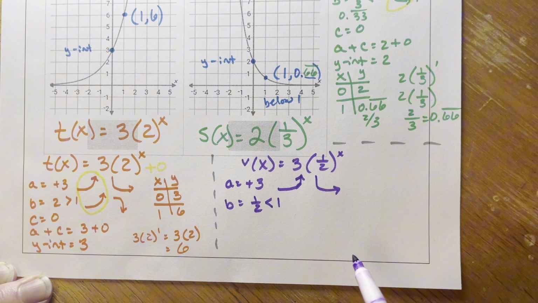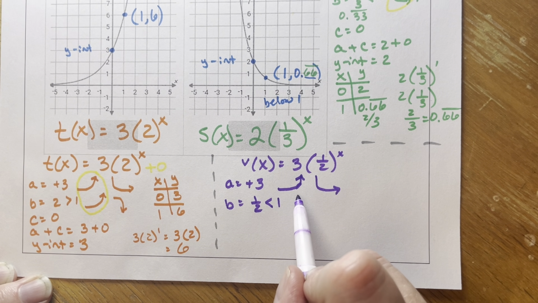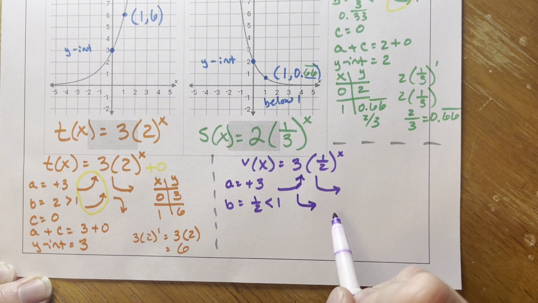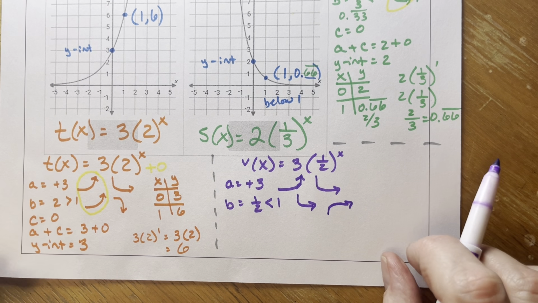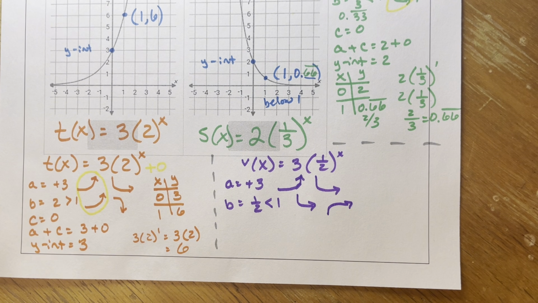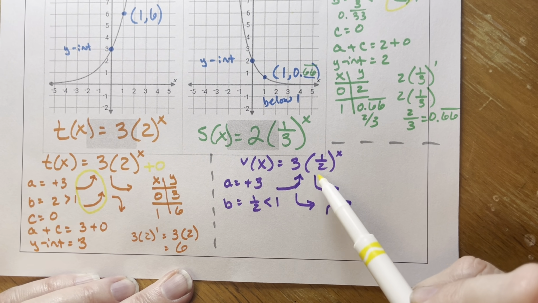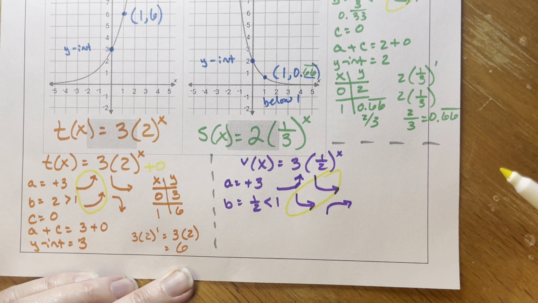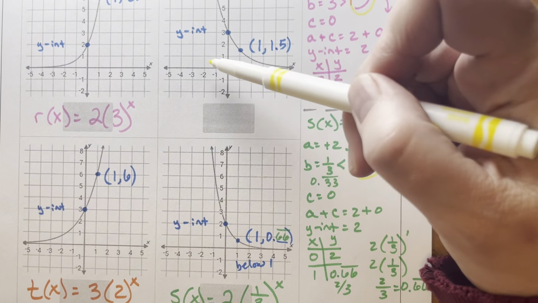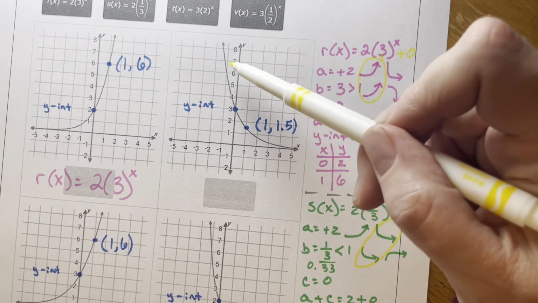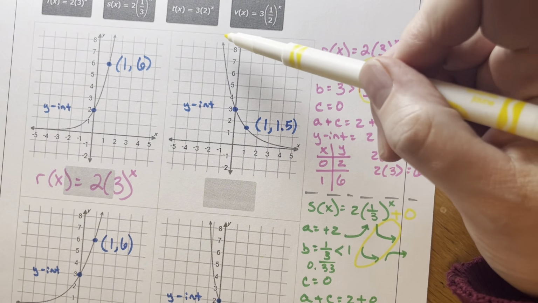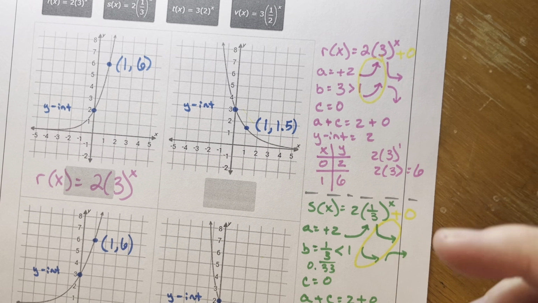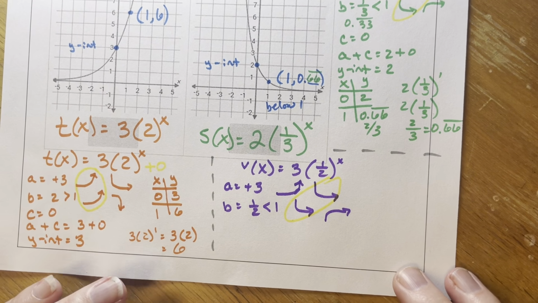And graphs that are less than 1 will be traveling down, flattening out, or up, flattening out. And we see between A and C that we have this come down and flatten out in common, and that's great. And that does agree with what we have for our second graph option as it comes down and flattens out. So that's nice. Let's keep going.